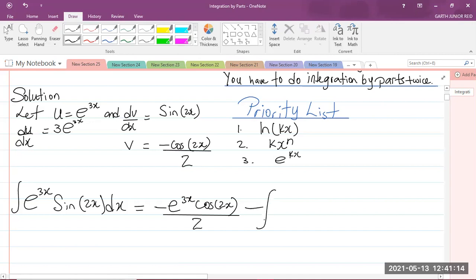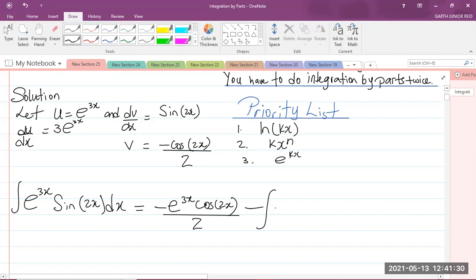Minus the integral of v du by dx. So I'm going to multiply v by du. I'm going to multiply the negative cosine 2x over 2 by the 3e to the 3x.